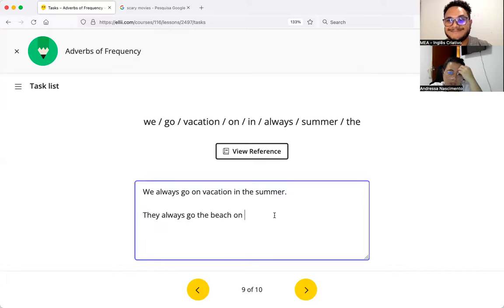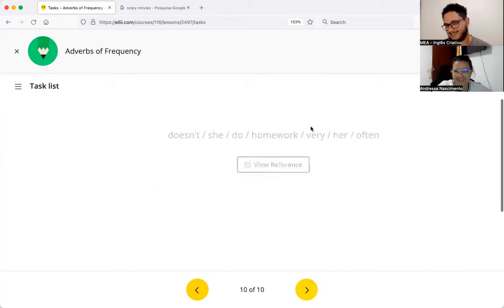On Sundays. Correct. More confidence. Mais confiança. Read the sentence. They always go to the beach on Sundays. Me too. I love the beaches on Saturdays and Sundays.